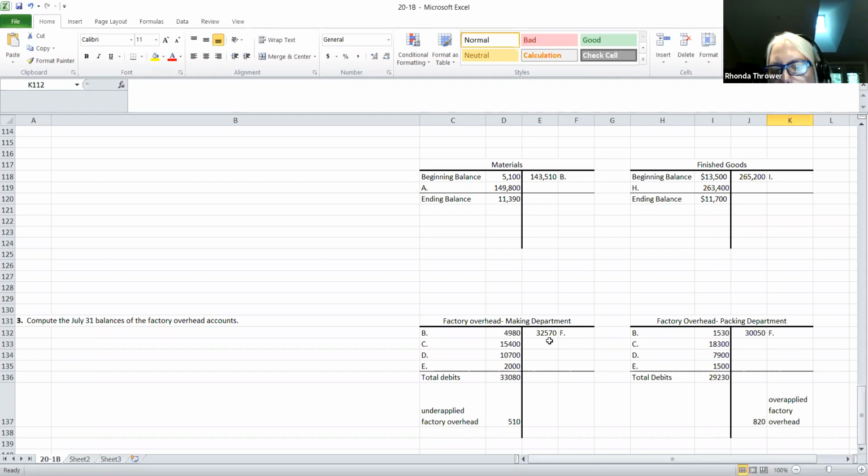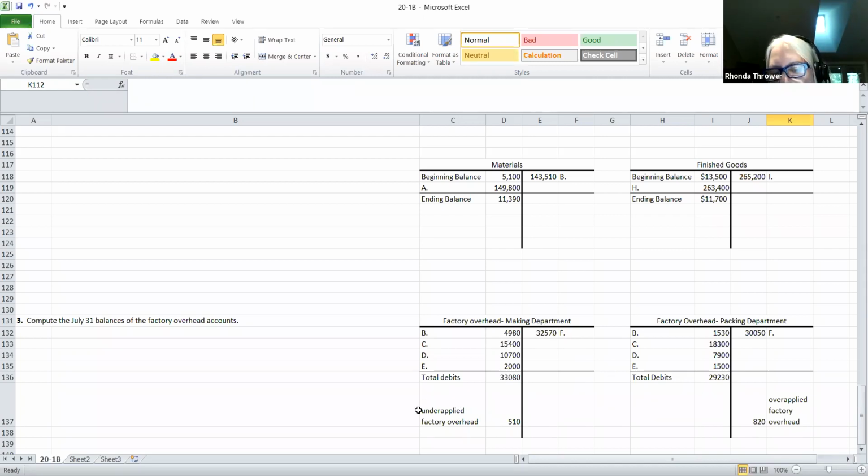The amount that we estimated was less than what the total of our actual factory overhead was. Our actual factory overhead is $33,080. We would subtract our estimated amount from the actual amount, and that left us with a debit balance, which is a negative balance in the factory overhead account.